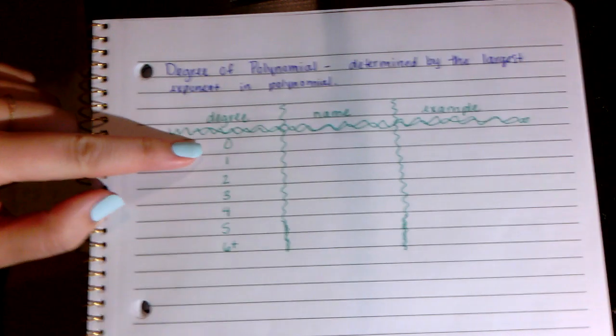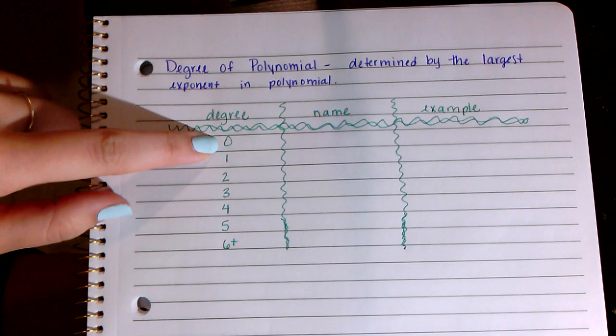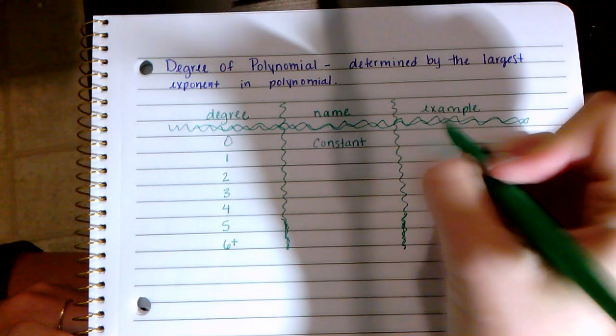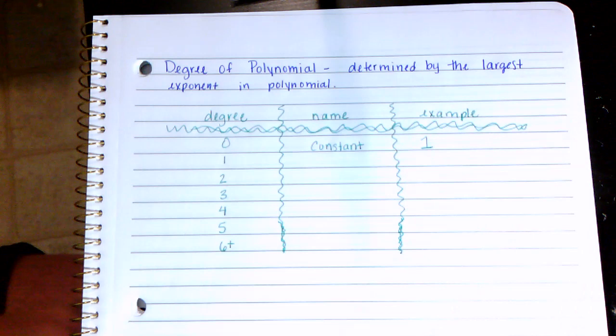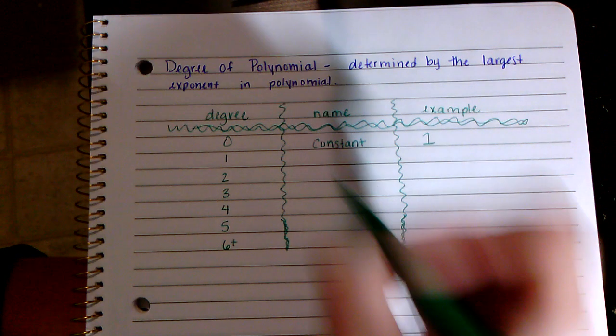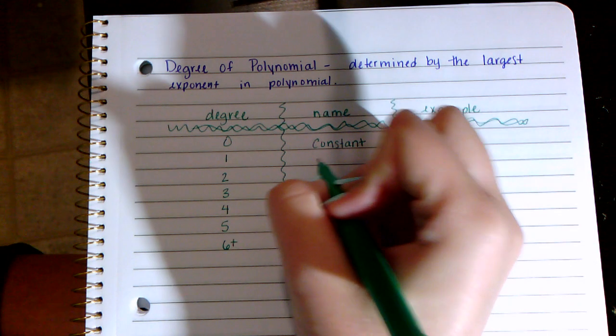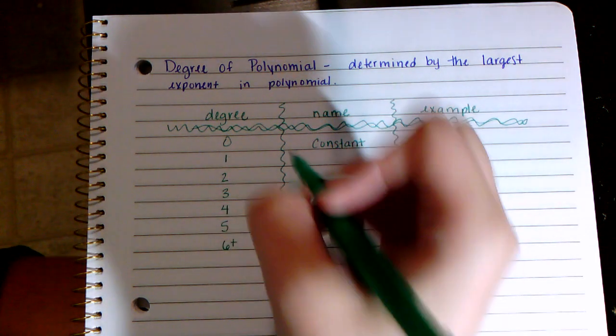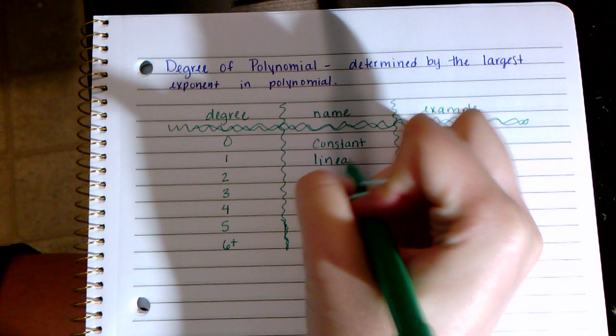So if it is to the 0 degree, that's just a constant, and we saw that before. So 1. Okay, 1 to the power of 0 is still 1, right? Now we're going to do anything to the power of 1. So if the exponent is to the first power, these are called linear.